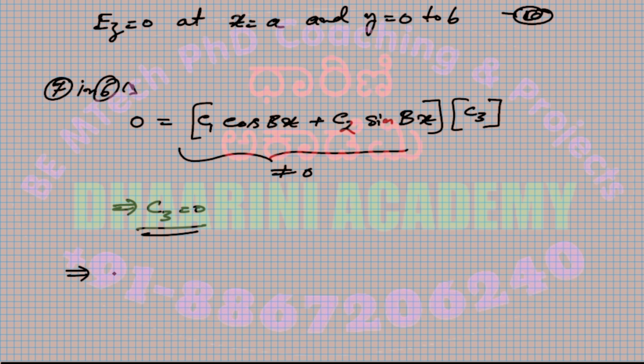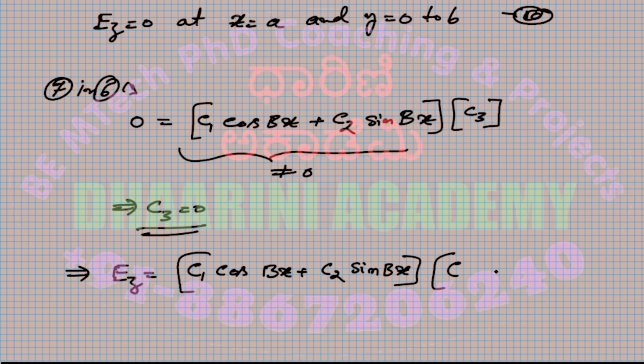This implies the updated equation will be Ez equals C1 cos bx plus C2 sin bx, into C4 sin ay, correct?